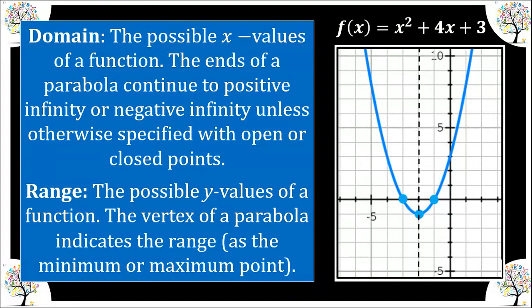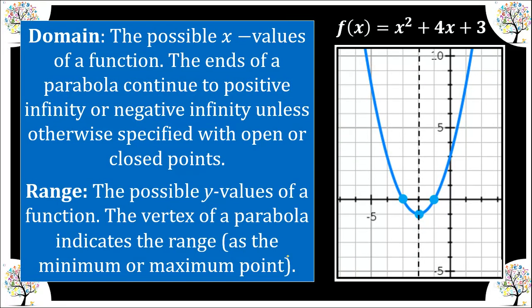So let's talk about domain. So our domain, our graph is forever going left and right. So it would be all real numbers. Our range, we'll use the vertex to help find the range. Now our graph is solid. So our, in this case, minimum value will be included.